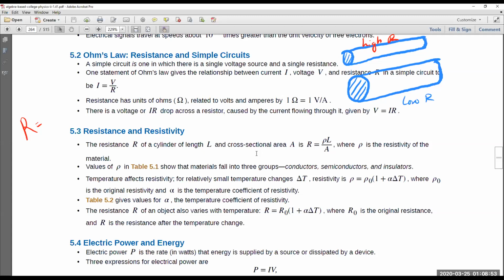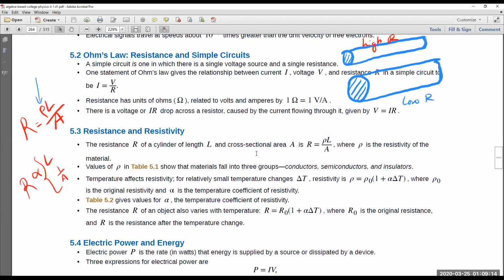So combined together, we'll have rho times L over A. So this basically says R is proportional to L and is proportional to 1 over A, or inversely proportional to A. The constant of proportionality is called the resistivity of the material.